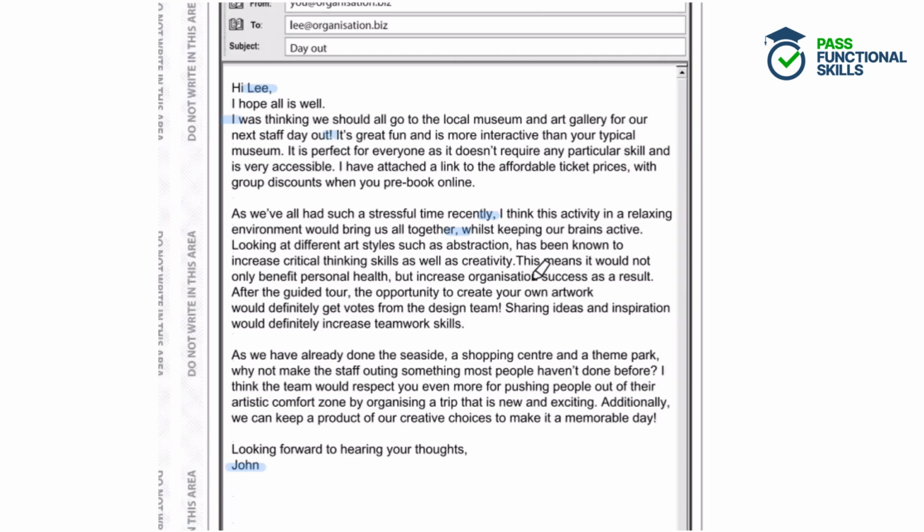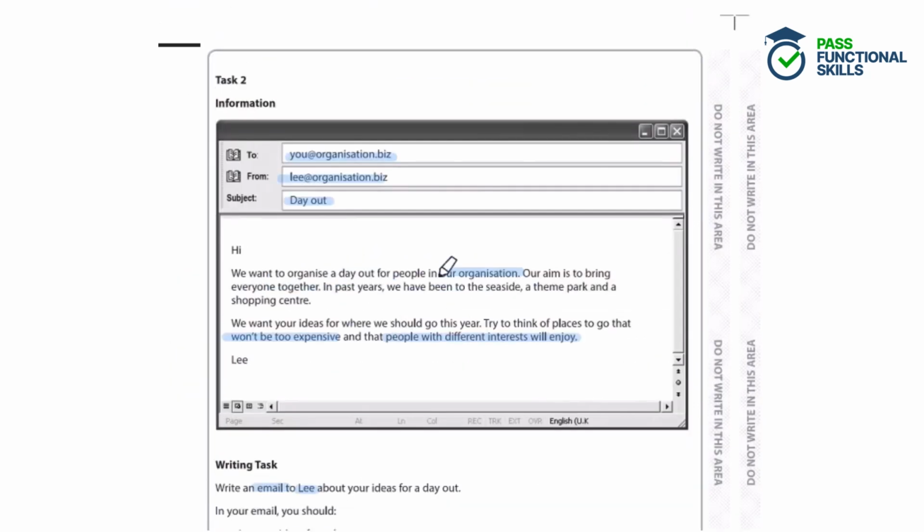As well as commas, we have exclamation marks throughout. These sort of build the excitement in the writing and create an excited tone and establish sort of an informal style, because we know Lee quite well. He sent us quite an informal email saying "won't be too expensive", using a contraction there, won't rather than will not.